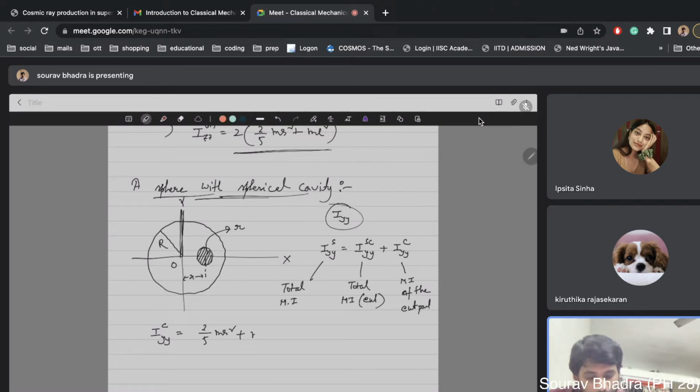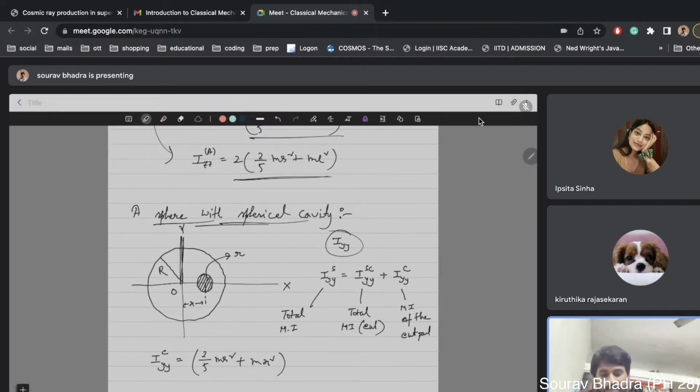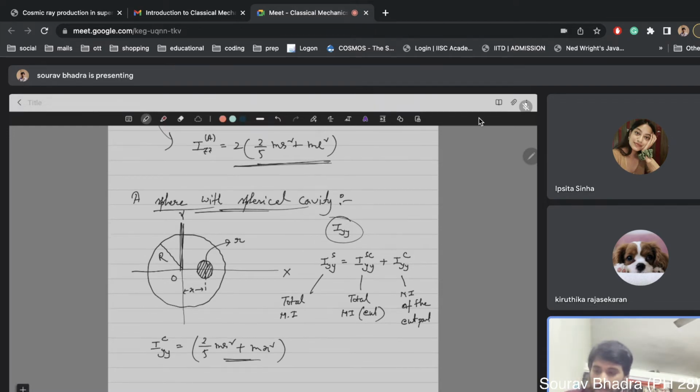As I told you, this is exactly the parallel axis theorem. Your body is rotating at a distance from the center of your coordinate system, so it will be the sum of the distance between the center of the system and the center of mass of that body squared times mass, plus the moment of inertia with respect to that body axis. So this is the moment of inertia of the cut part.